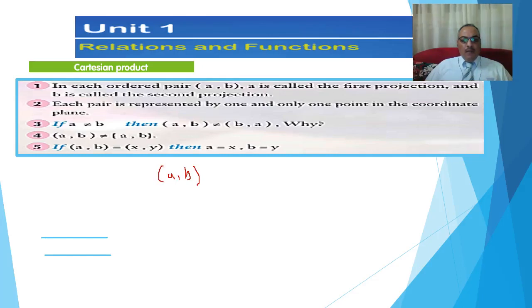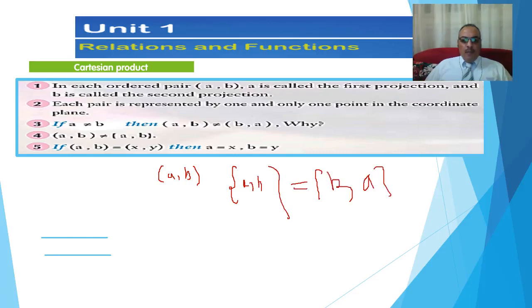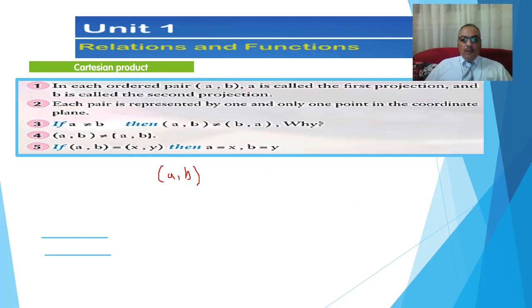You cannot reverse A with B. But in the set {A, B}, you can write {A, B} equal to {B, A}. So the order in a set is not important, but the order in ordered pairs is very important.